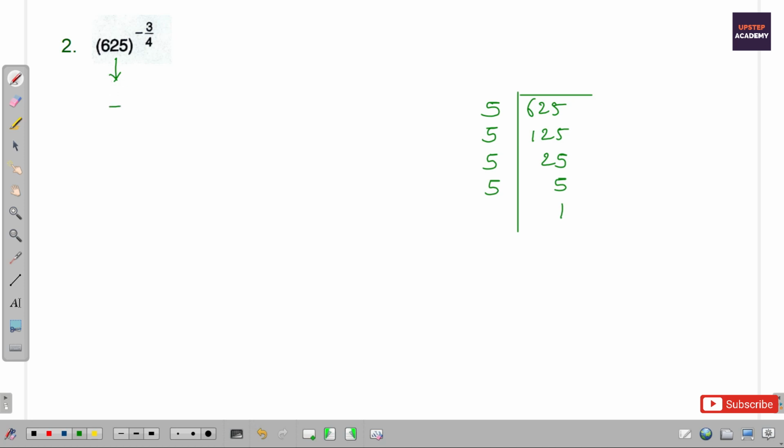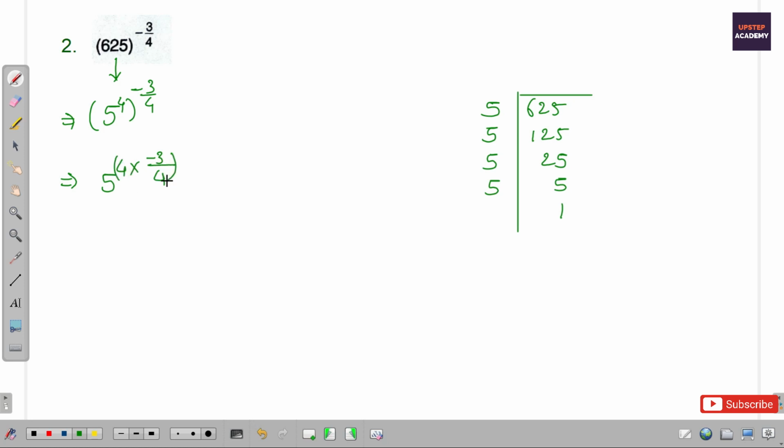So 625 is 5 raised to 4, and the whole is raised to minus 3 by 4, right? So this is the first step, and in the next step we can write 5 raised to 4 into minus 3 upon 4, right? So here you can see 4 into minus 3 upon 4 is the number which comes at the power of this 5.